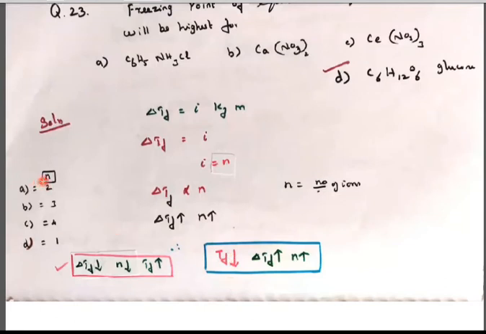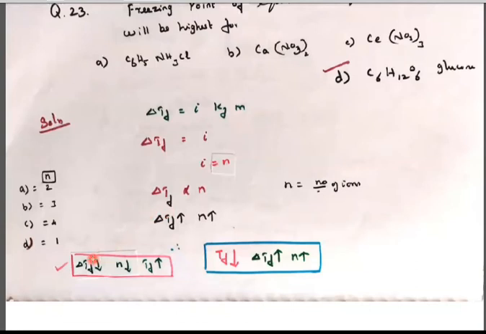Just see the number of ions: anilinium C6H5NH3+ and Cl minus, so totally 2. Calcium nitrate, calcium 1 and nitrate 2, so 3 ions. Cerium nitrate, 3 plus 1, 4 ions. And glucose is a non-electrolyte, so it is only 1.